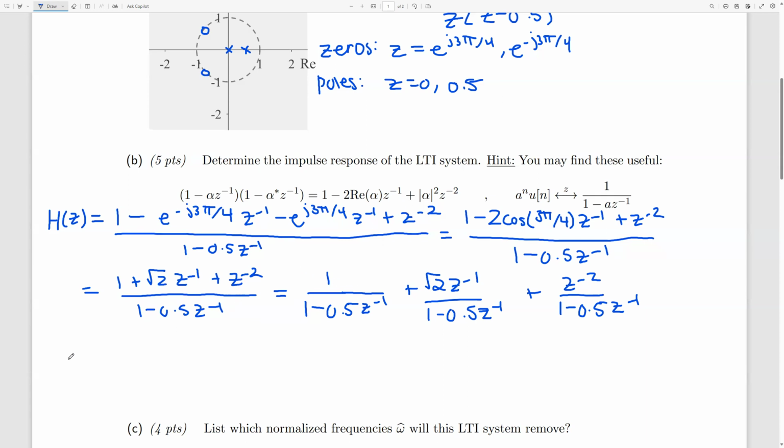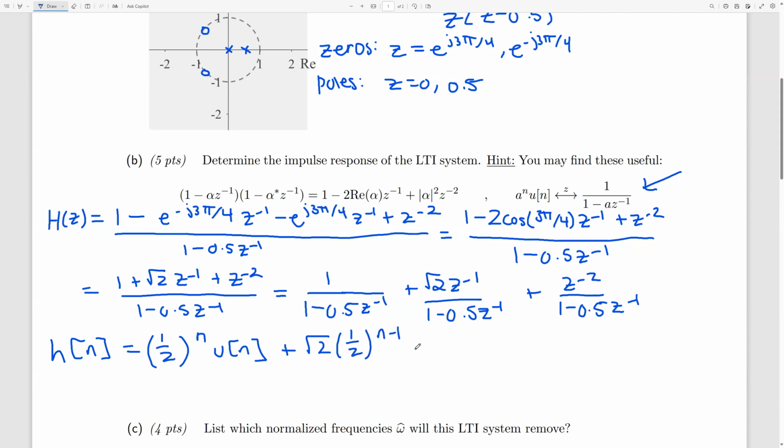So for this first term, when I take its inverse Z transform, h of n, using this property with a equals 1/2, it'll be 1/2 to the n u of n, plus square root of 2, where this Z to the negative 1 induces a shift by n minus 1, so you'll get square root of 2 times 1/2 to the n minus 1, u of n minus 1, plus this last term, which is a shift by 2, so it'd be 1/2 to the n minus 2, u of n minus 2.